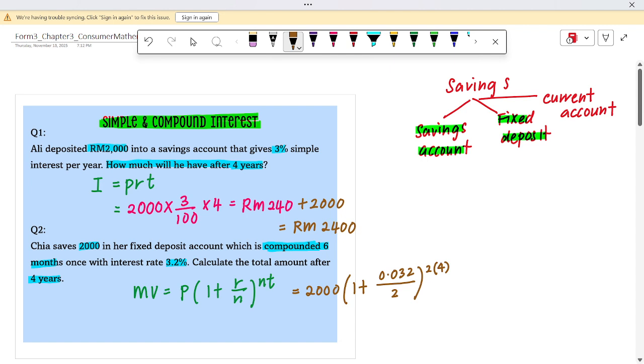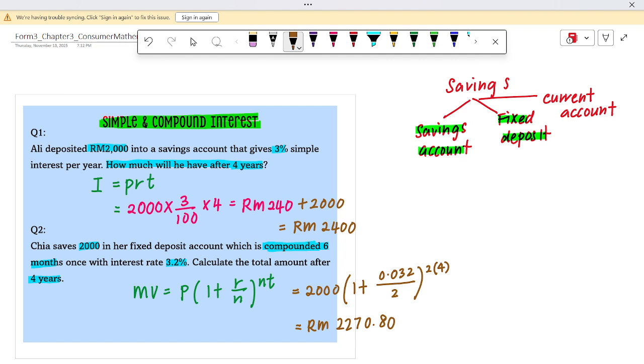So if you press your calculator, your answer will be RM 2,270.80. So this is the total amount after 4 years, which includes the principal and also the savings together.